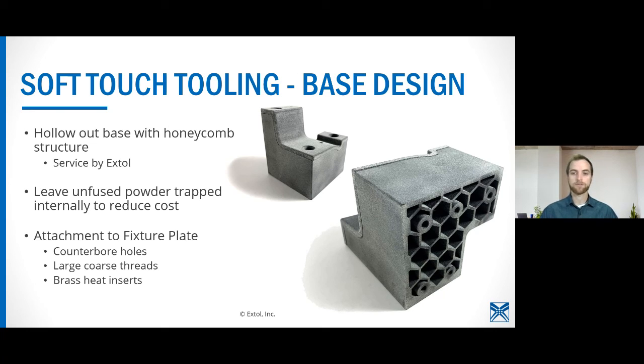This allows for reduced fused material area, which brings down part cost, and leaving the trapped powder on the inside reduces labor so that we don't have to remove the powder out of those deep hexagon recesses. And then as far as attachment to the fixture plate, you can use counterbore holes like shown, large coarse threads would work, or a brass heated insert into the printed part.